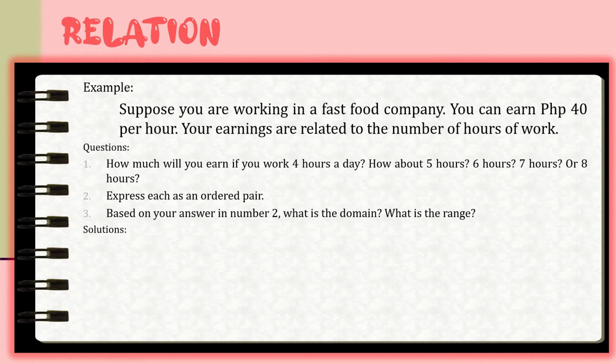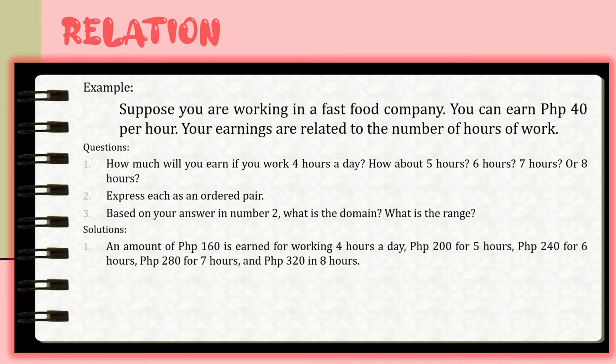Here are the solutions. For number 1, the amount of money you can earn working for 4 hours a day is 160 pesos. How did we get that? We multiplied the number of hours we work to the amount of money that we can earn per hour. So that is, the number of hours is 4 times 40 pesos per hour.